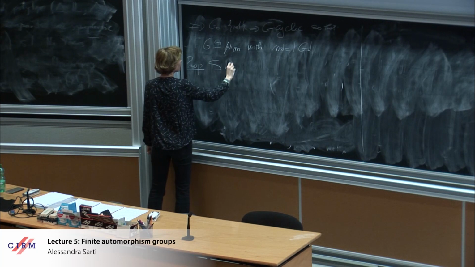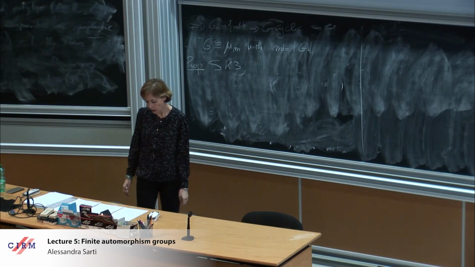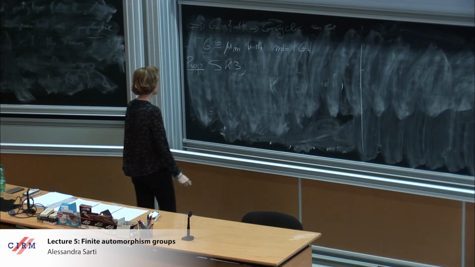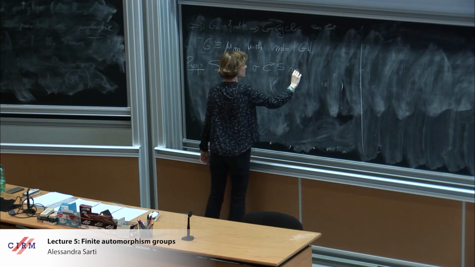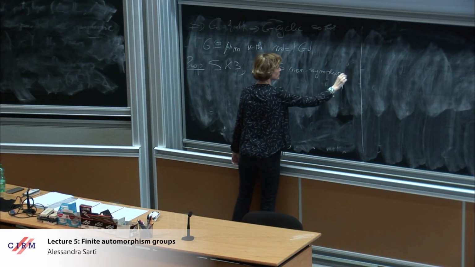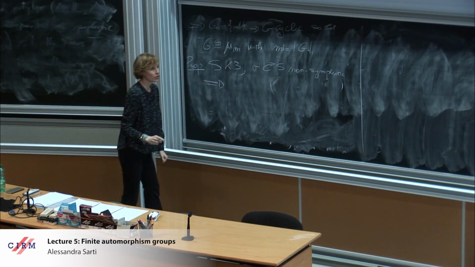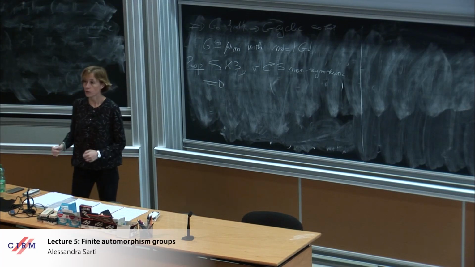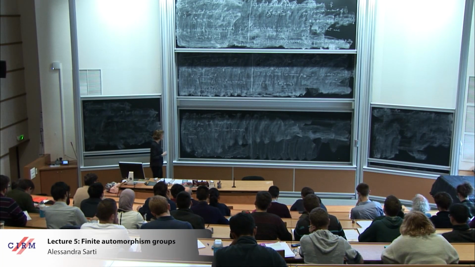Take a K3 surface S and assume that you have a group acting by non-symplectic automorphisms on it. Then, well, I was telling you last time when I started the chapter on automorphisms that for the moment I was saying, okay, take any K3, not caring very much about projectivity or not.